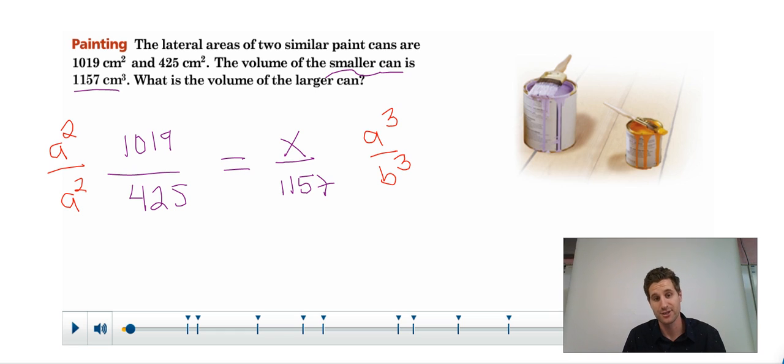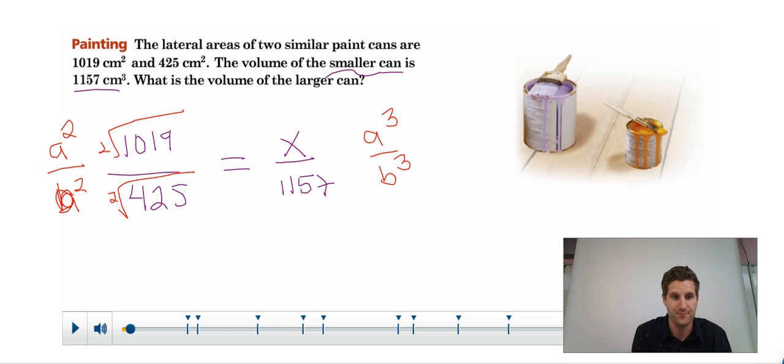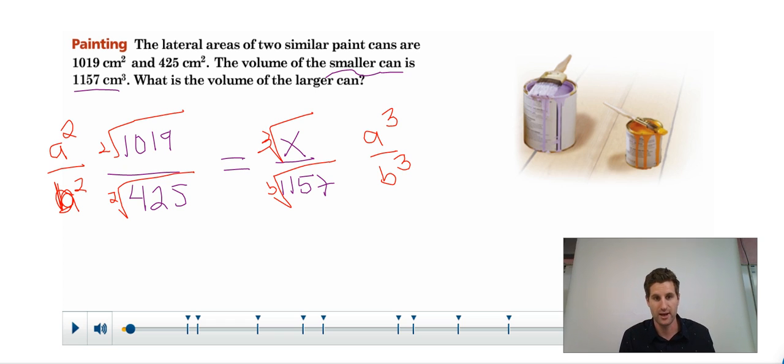So the easiest thing to do is we're going to take the square root of this guy, the square root of this guy. That's a B, my bad. And we're going to take the cube root of this guy and the cube root of this guy. So it seems a little intense, but we're going to solve it out.